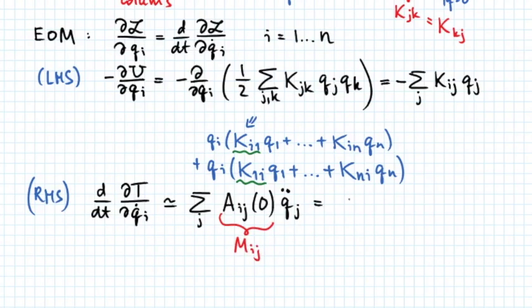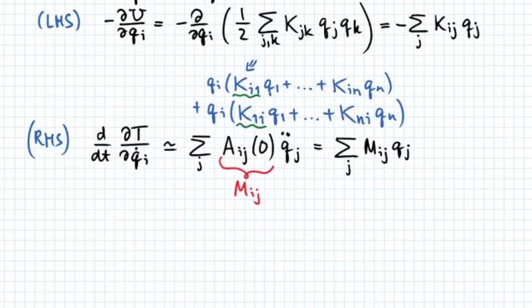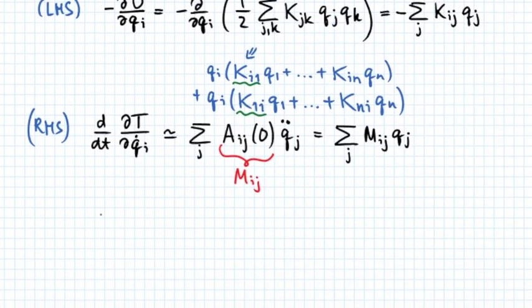Thus we write that this derivative will be given by the sum of M sub ij times q sub j double dot summed over indices j. Equating these two, we get our equations of motion.